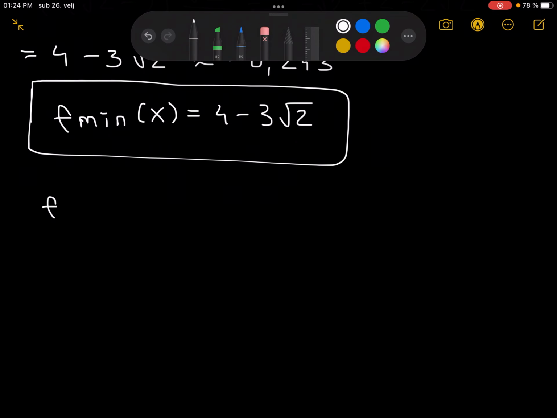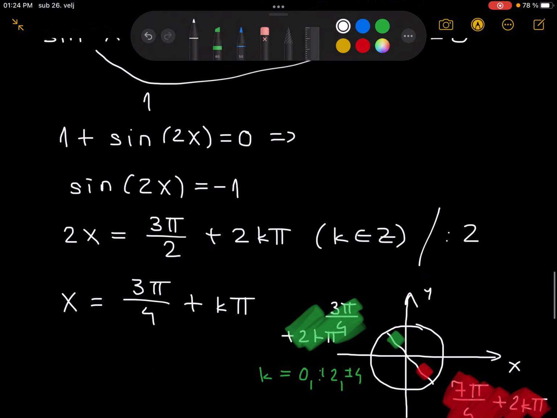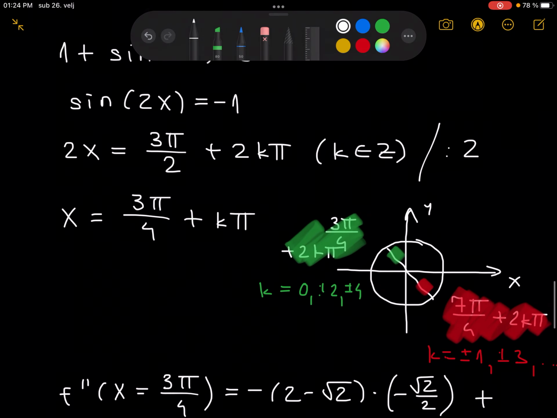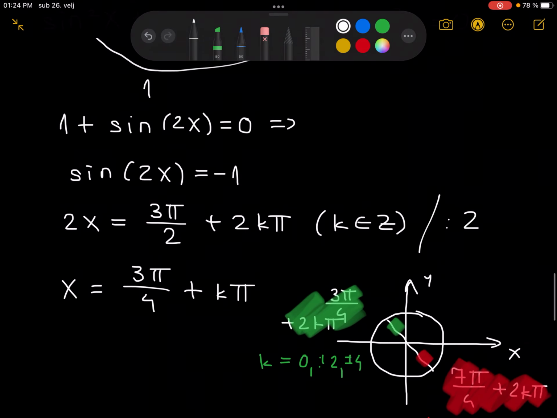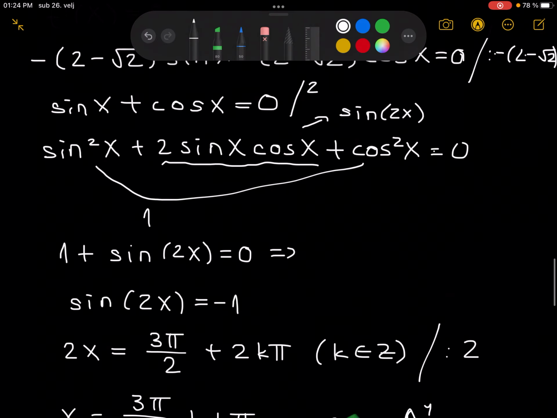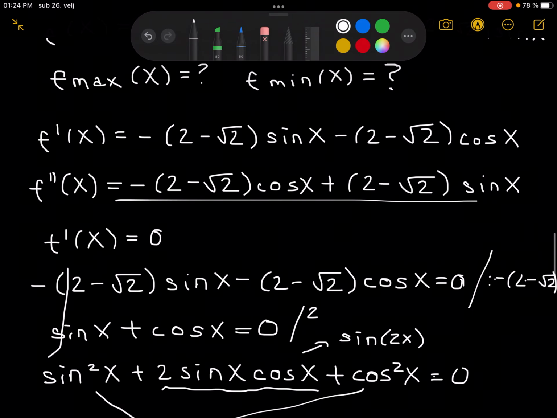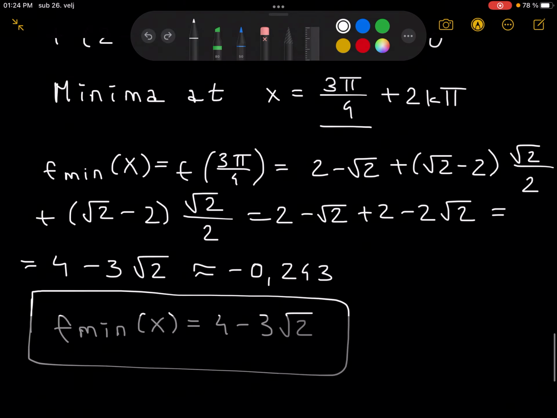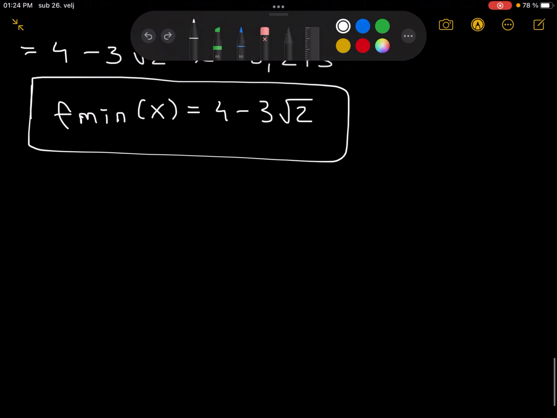So first of all, let's plug in, let's say 7 pi over 4, into our second derivative.